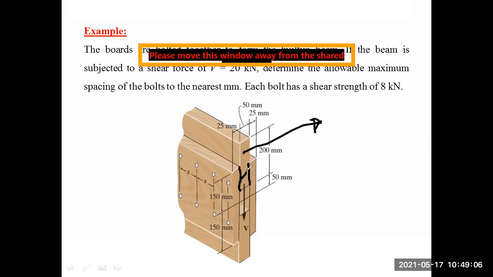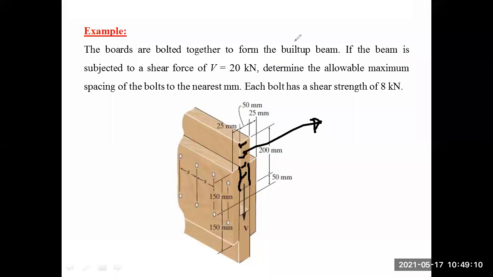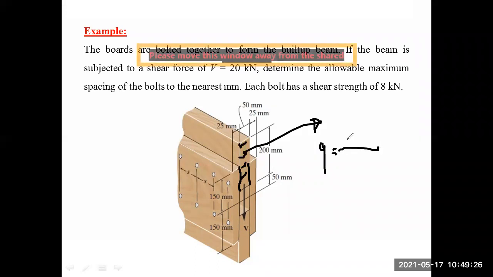So I calculate this Q. The shear flow would be equal to V, which is given, times Q over the moment of inertia.